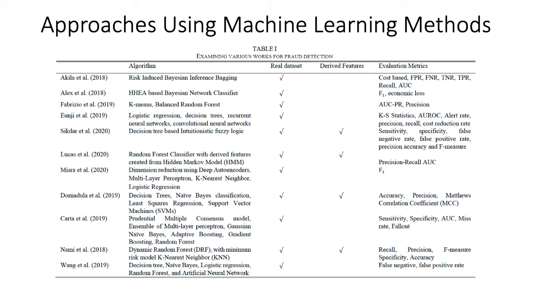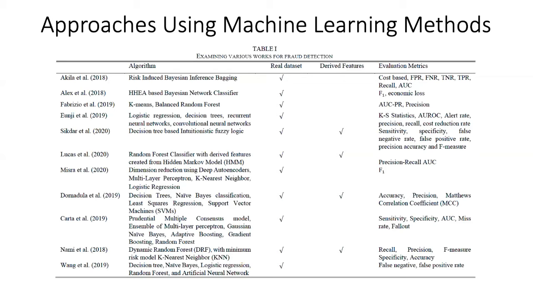There are so many evaluation metrics because each paper tries to find a new, better evaluation metric to increase its score.